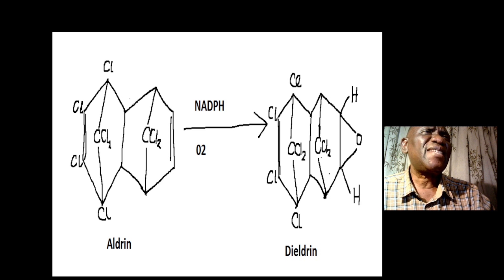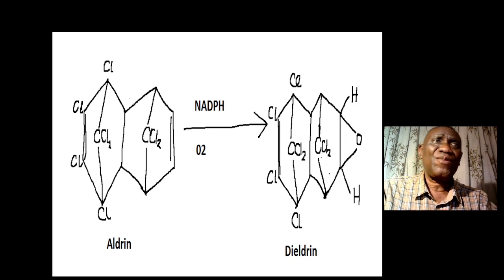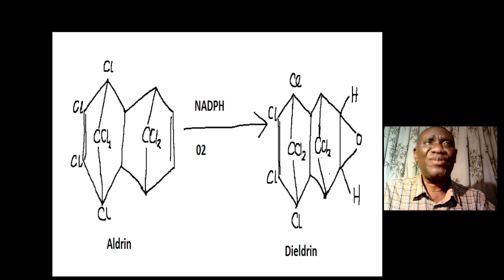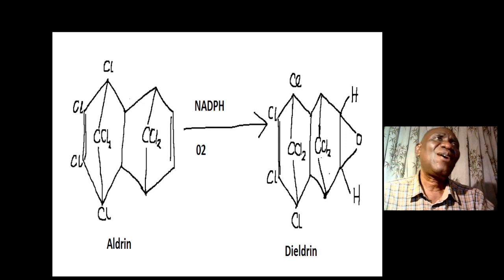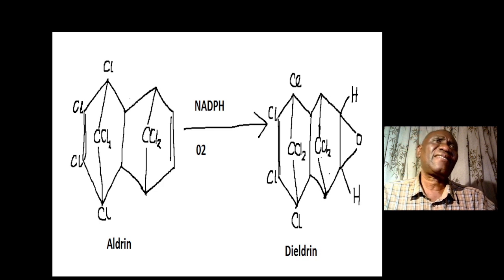Anyway, we've got this aldrin with this double bond here. This can open up, and we put oxygen there and form dieldrin. So from aldrin to dieldrin. Dieldrin has got oxygen where we have opened this bit, and we call this process epoxidation.